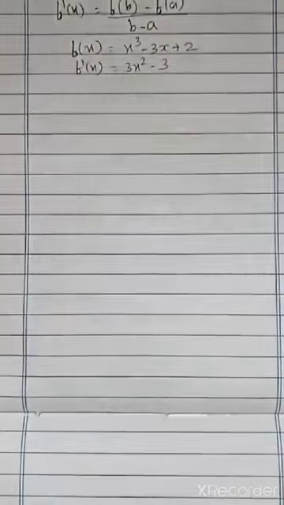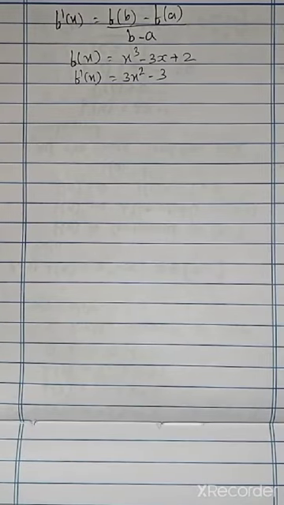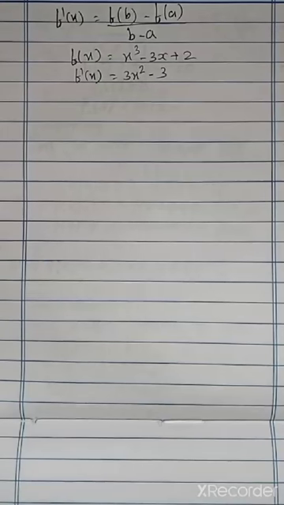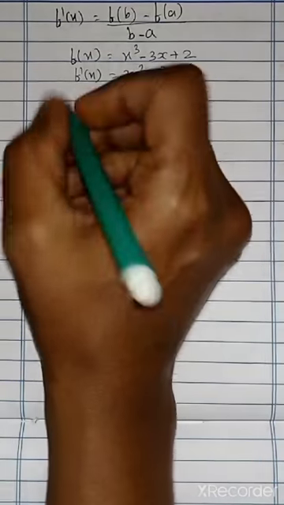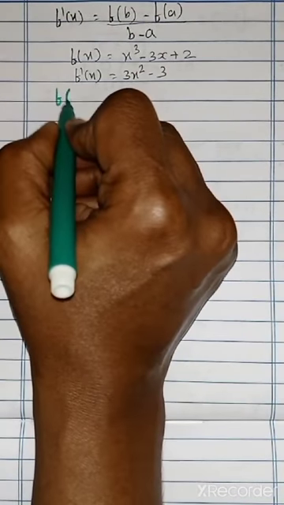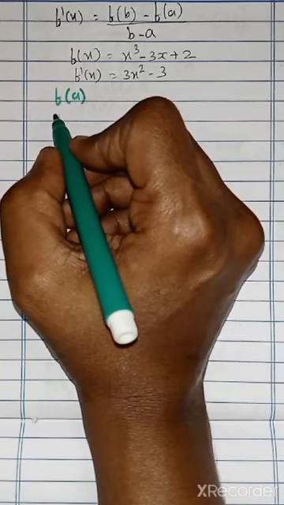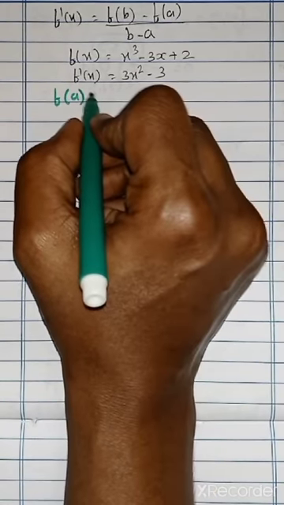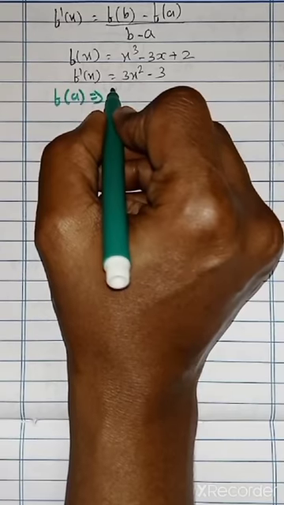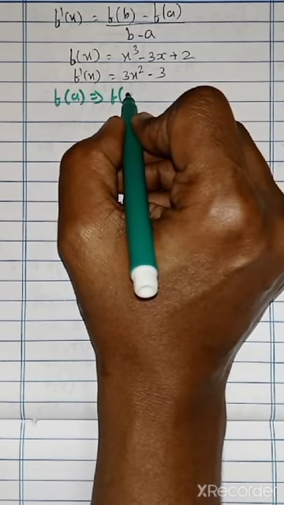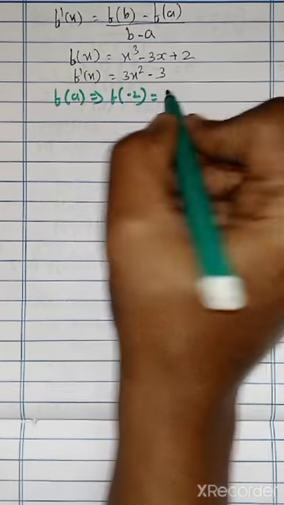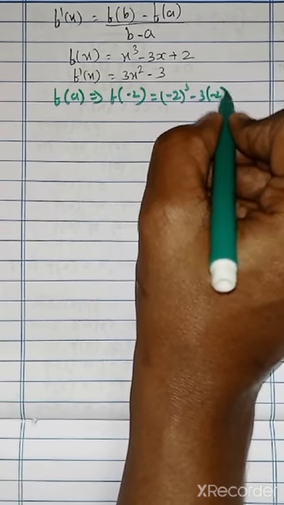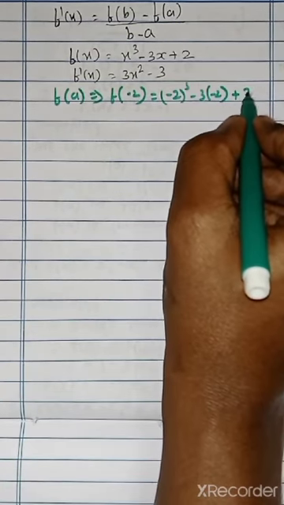Next we want to find f of b minus f of a. So what is the interval given here? Minus 2 comma 2. We can find f of a first. That is f of minus 2, which is equal to minus 2 the whole cube minus 3 into minus 2 plus 2.